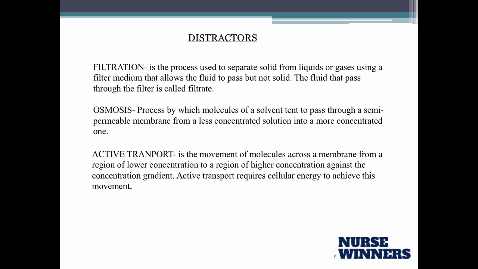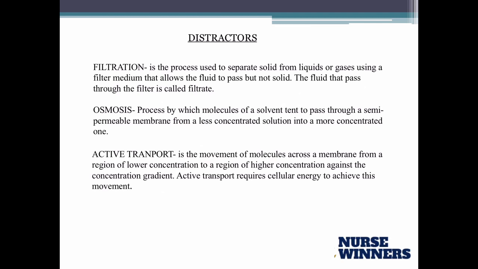Distractors. Filtration. Filtration is the process used to separate solid from liquid or gases using a filter medium that allows the fluid to pass but not solid. The fluid that passes through the filter is called filtrate. Osmosis.